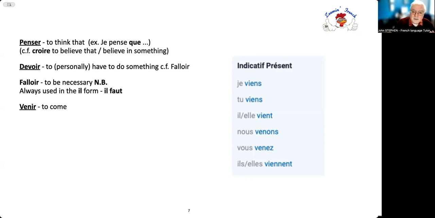Notice again that big change, which I hope you spotted. We go from je viens, tu viens, il vient. You get this nia sound, followed by the nous form and the vous form, where the E is definitely an E: nous venons, vous venez. And then you come back to the double N. Notice the double N. That is significant because it means the change goes into viennent.